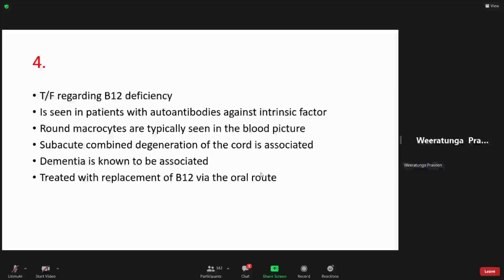Fine. B12 deficiency is seen in patients with autoantibodies against intrinsic factor. This is what? Pernicious anemia, right? Intrinsic factor is essential to absorb B12. So this is pernicious anemia. In the blood film, what do you see?